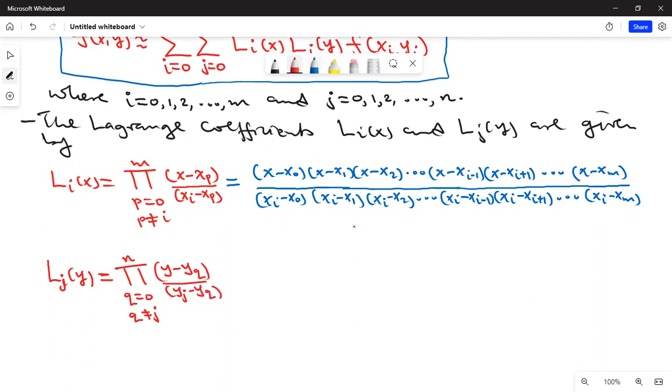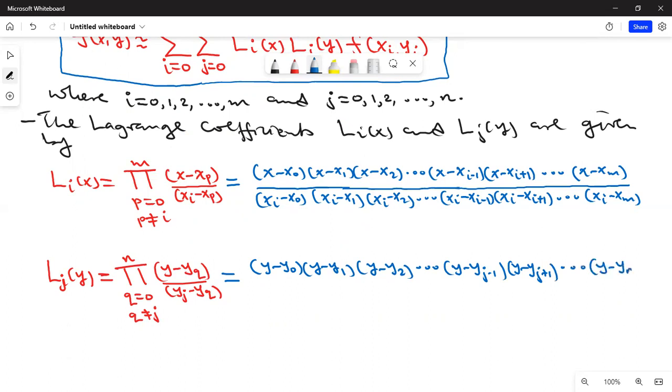When you expand this, you get y minus y naught, y minus y1, y minus y2, times so many other factors, y minus y j minus 1, y minus y j plus 1, times so many other factors up to the last one, y minus yn. To get the denominator, where there is y in the numerator, you replace that by y subscript j.